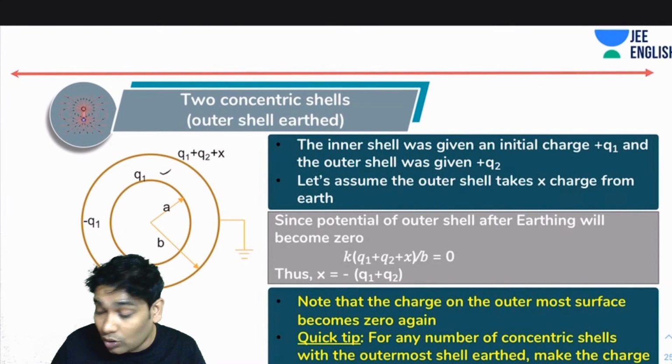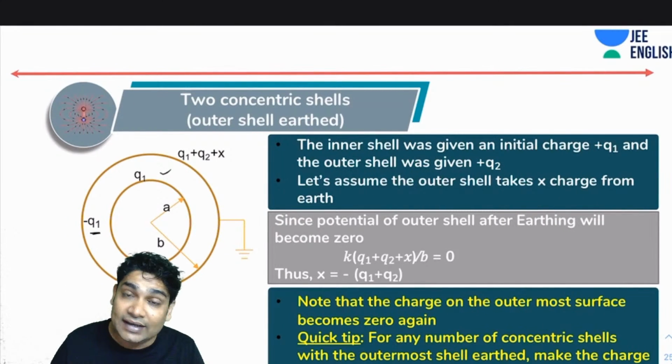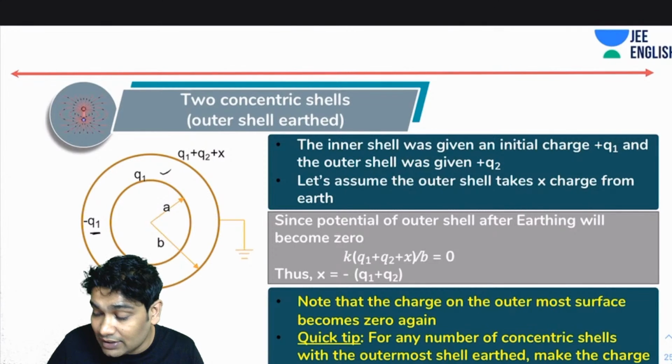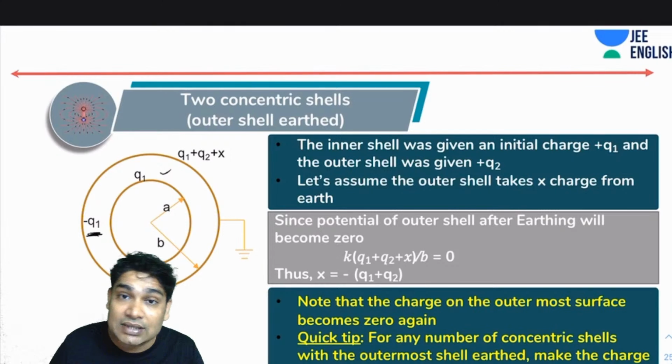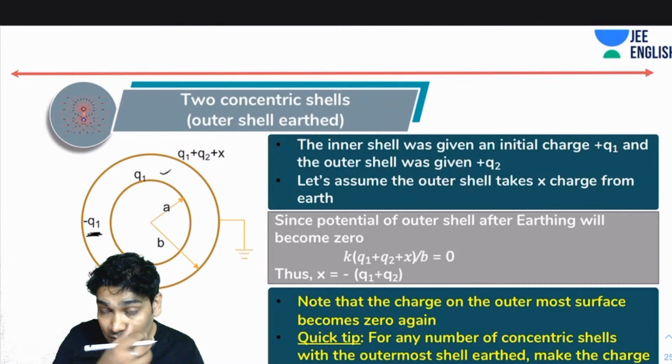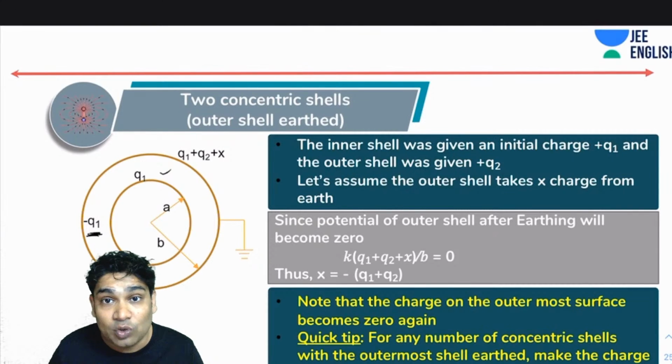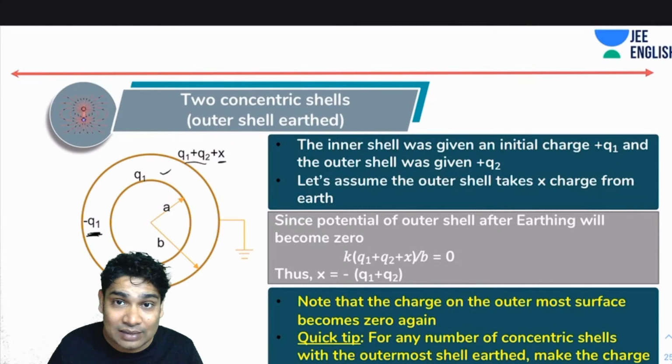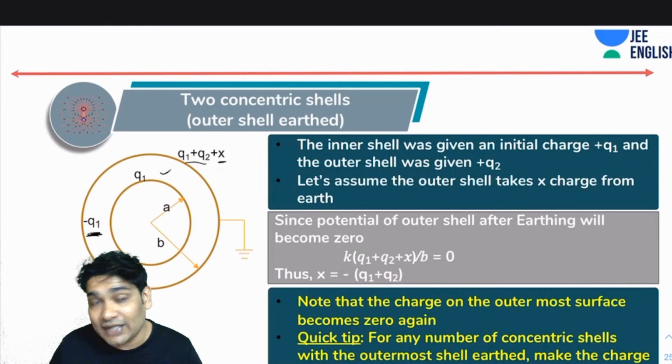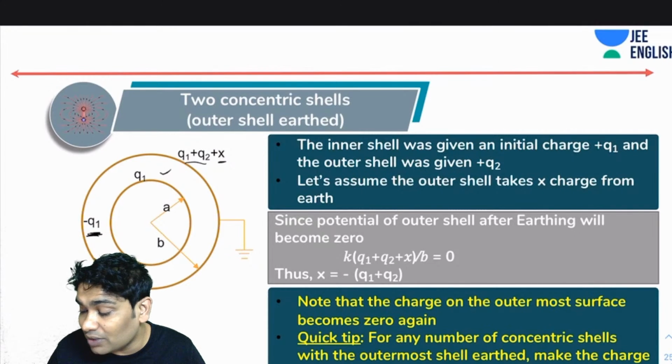As a result, minus Q1 has to come here. It doesn't matter if the outer one got earthed or not. This is compulsory. So I know that Q1 plus Q2 comes outside, and also an additional X comes from outside. Now, when I check the conditions, I find that X becomes the negative of this, which means this entire charge will flow to earth.